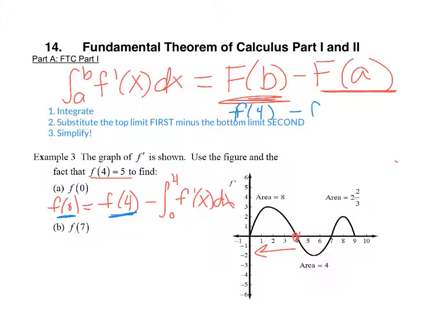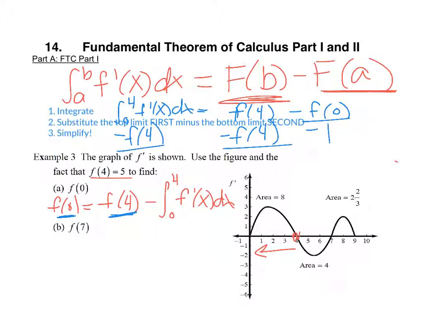This is like f of 0, my bottom limit. And then I have my integral from 0 to 4 of f prime of x dx. So I'm basically saying, okay, let me subtract this f of 4 to the other side, put it with this one, but then I have to also divide by a negative 1 to get rid of that negative in front of f of 0. So my signs would change here. That's going to give me this formula here.